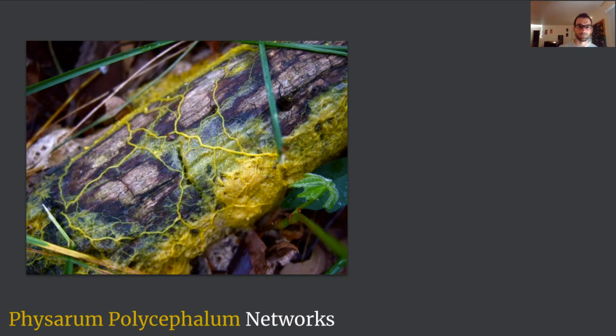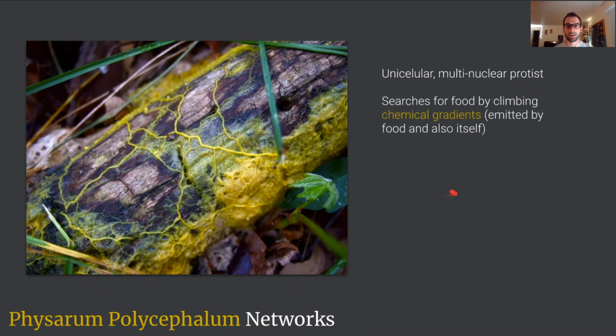You probably know this organism known as Physarum polycephalum, in English also known as slime mold. It's a very old organism called a protist, and it's actually a single cell, although it contains millions of nuclei flowing in these tubes.